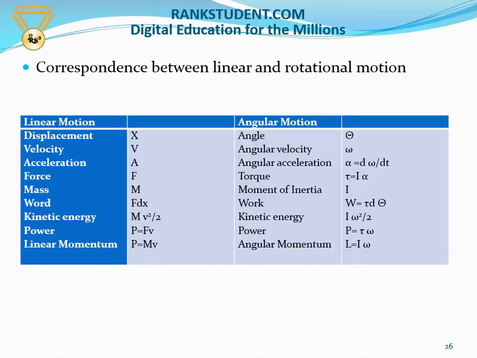K is the radius of gyration. To summarize the correspondence between linear and rotational motion once again, we must be familiar with the terminology for the linear motion and the terminology for the angular motion.